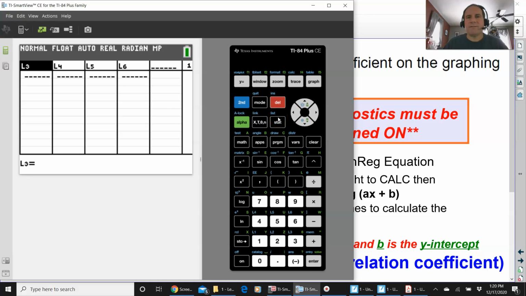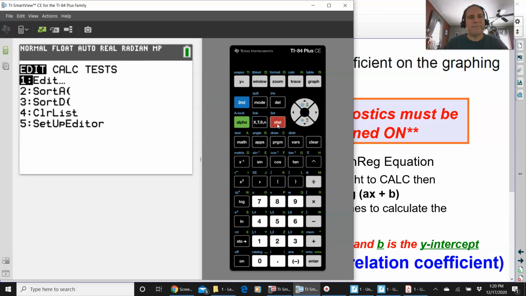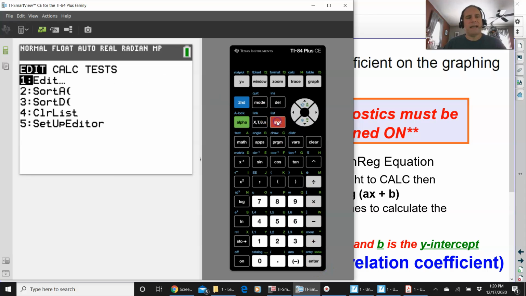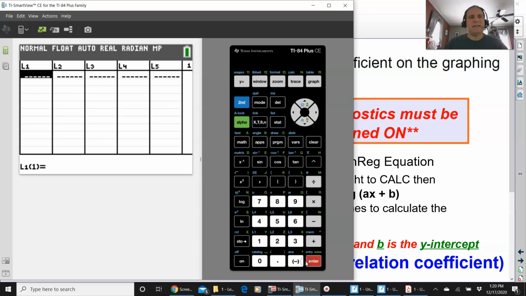No, not that big of a deal. Press stat, and right down in the stat function right here, you have 5, SetUpEditor. Go down to 5 or press 5, and it goes to SetUpEditor, and press enter, and it says done. Now if you go back to stat and edit, the L1 and L2 that you deleted are there again.